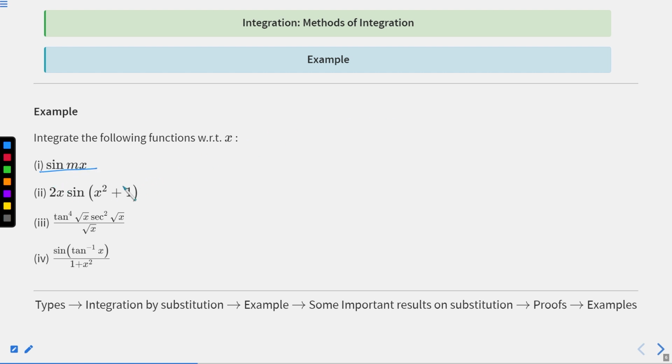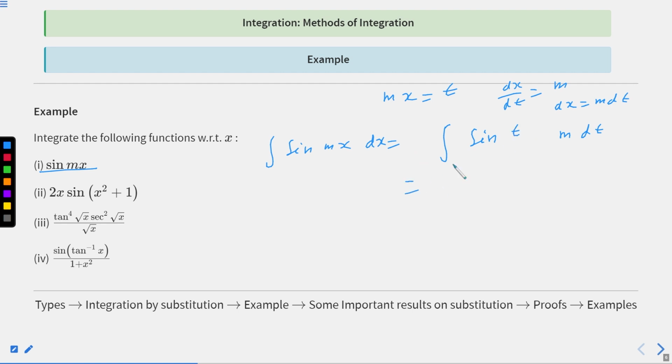For example, the integration of sin(mx). Now you are putting mx equal to t. So dx by dt is equal to m, which means dx is equal to dt by m. Replacing dx, with m a constant, this will now be sin t.